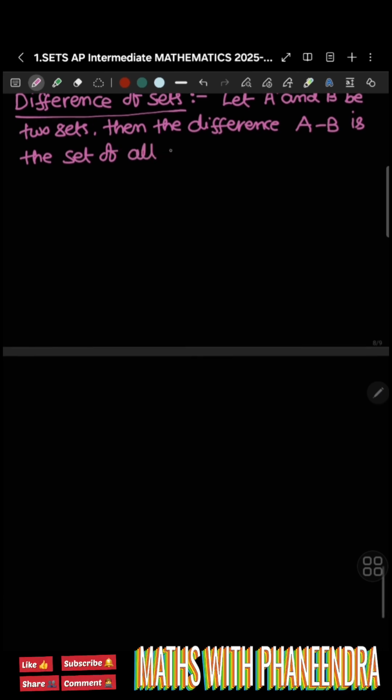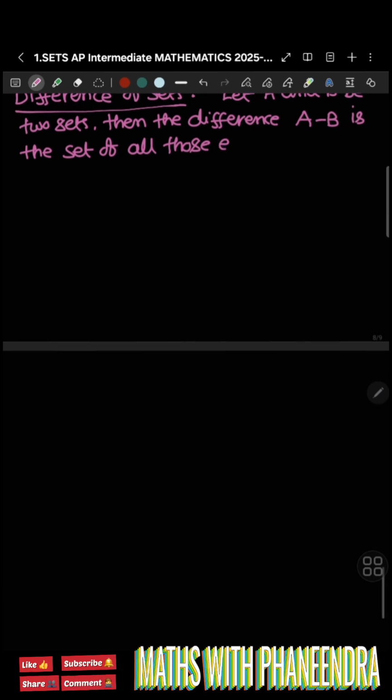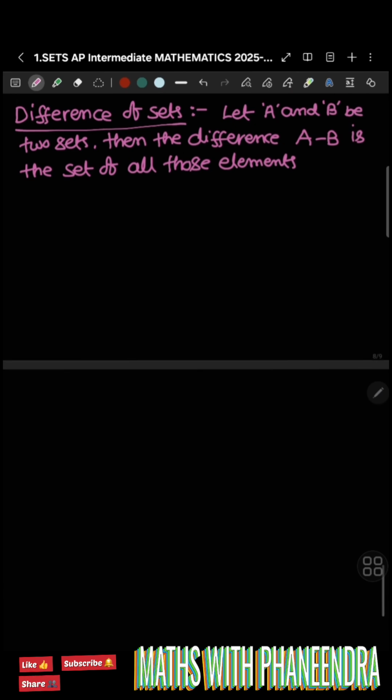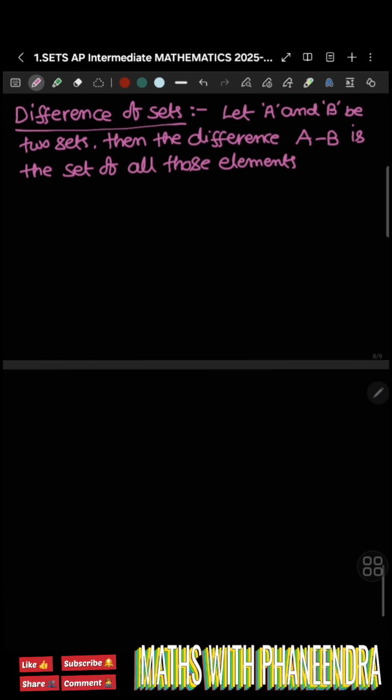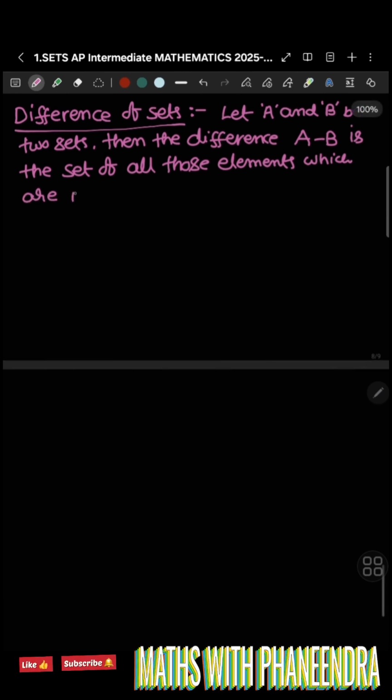all those elements which are in A but not in B. This is very, very important.